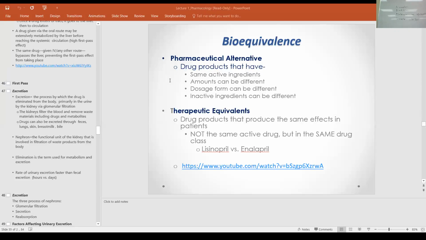So what a generic company has to do then is a relatively cheap study in a relatively small number of patients, just to show that, say they're making a generic equivalent to Lipitor.